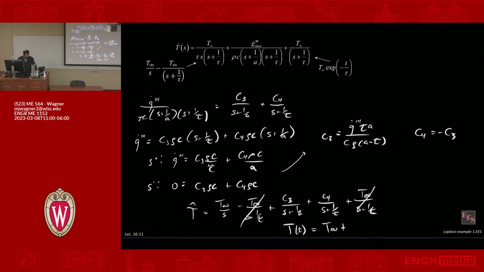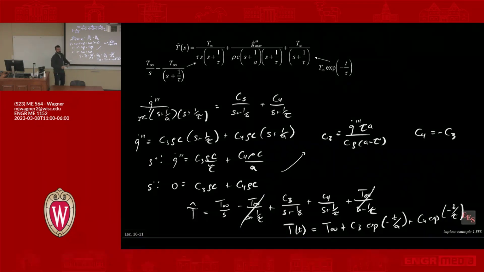So it looks like C3 exponential of minus t over a plus C4 exponential of minus t over tau. That's our answer, the answer in time. And again, remember, C3 and C4 are known. These are not unknown constants. These are known based on our solution. So you can see now that the Laplace transform gives us the ability to go work in an easy domain. And then as long as we can get back to time, we're set.